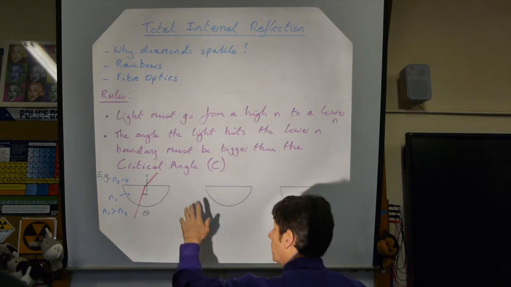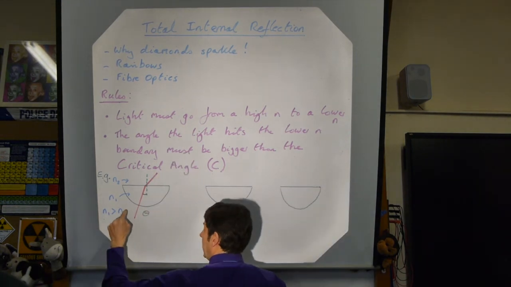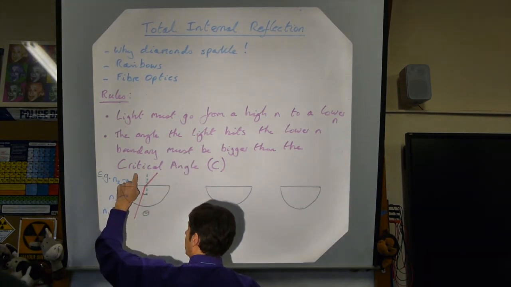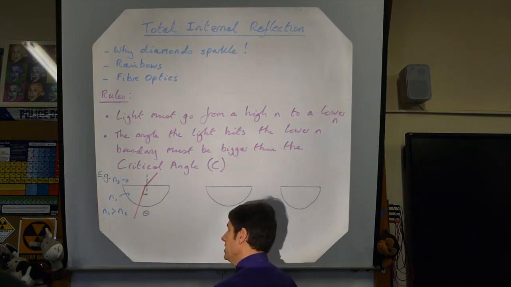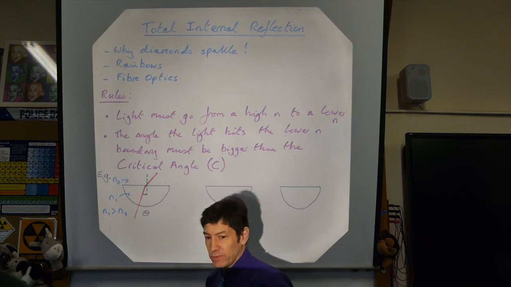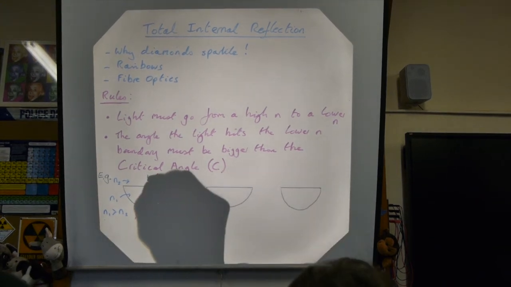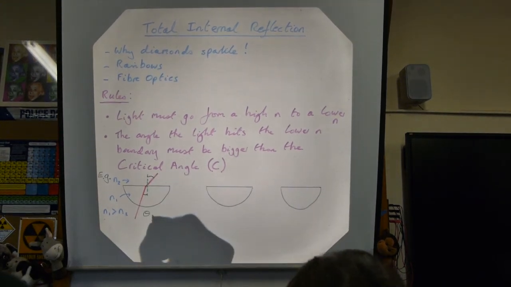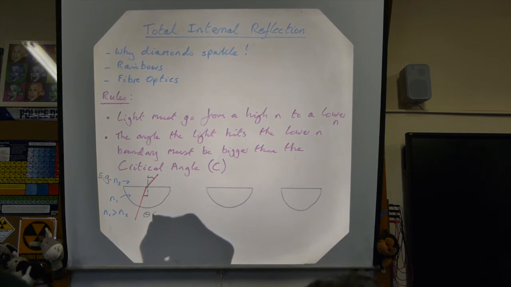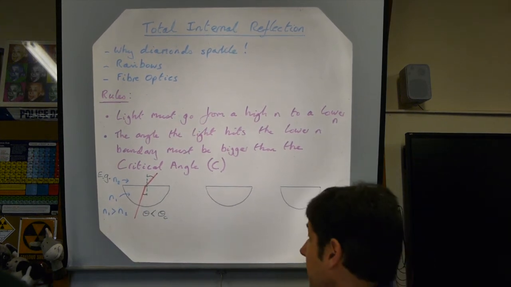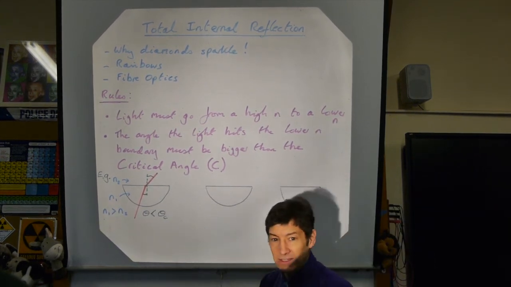Now, we're hunting for total internal reflection because we have got a less dense medium here, or a lower refractive index, so we're set up to find that. But unfortunately on that diagram we get refraction. So this angle here must be smaller than the critical angle. And I'll put the critical angle like that.